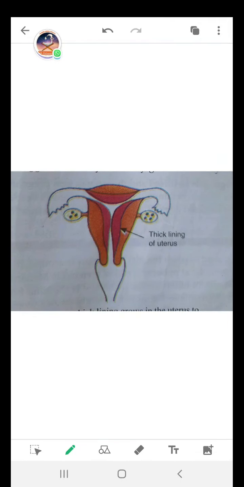Now, in my next topic, I will explain the sexual cycle in females, that is called menstruation also.